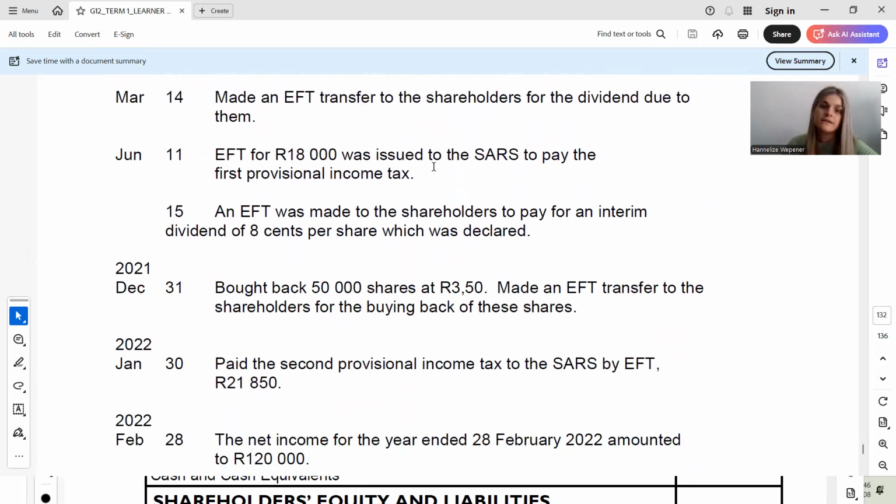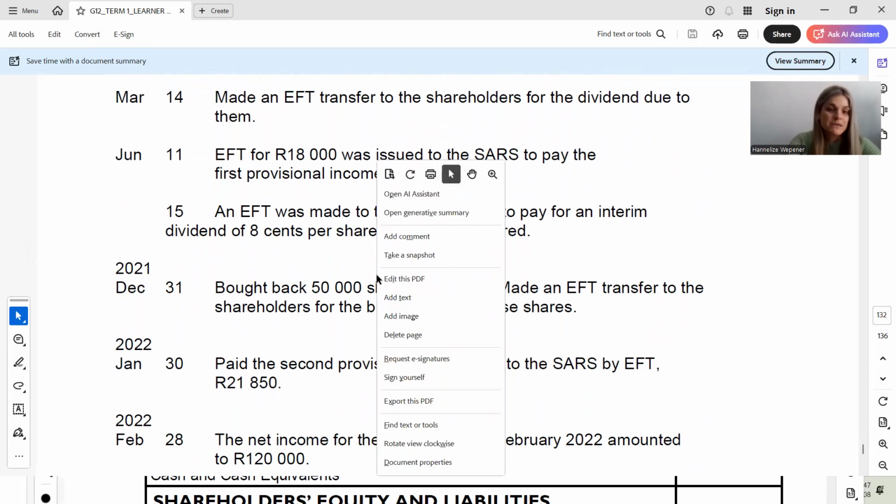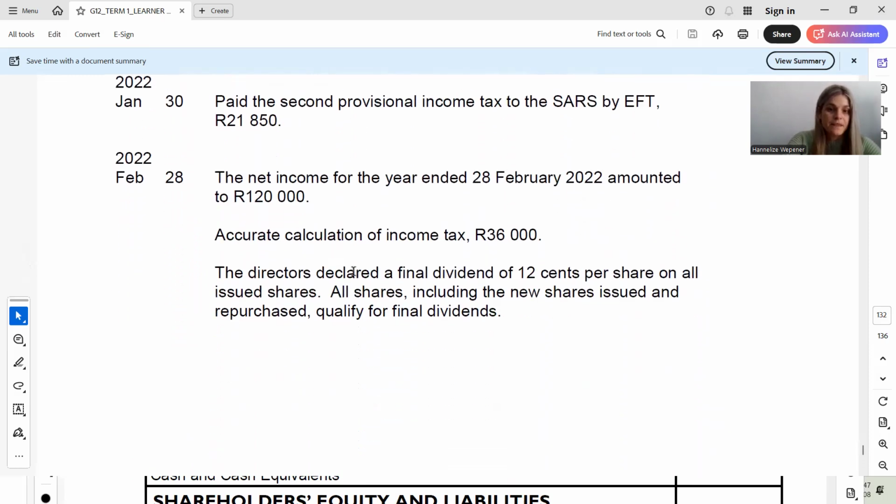Then moving on, we also had payments to our shareholders for dividends. However, we haven't paid all of our dividends. So we have made a commitment by declaring our dividend. However, payment must still be made.